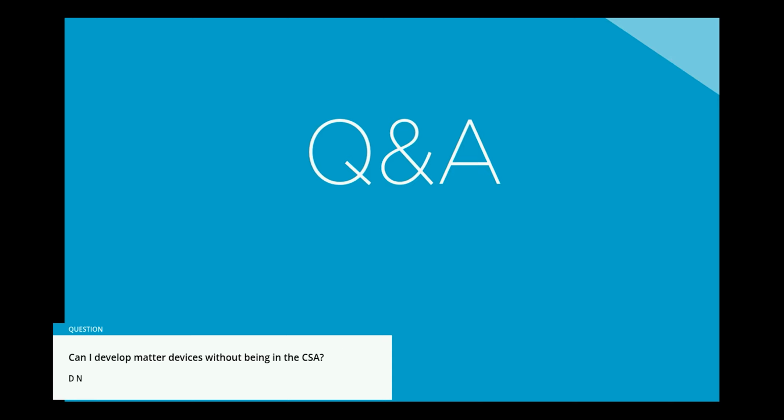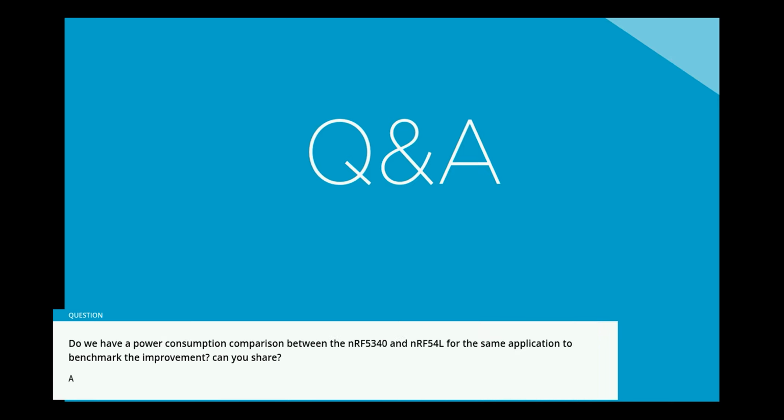Do we have a power consumption comparison between the 5340 and the nRF54L for the same application to benchmark the improvement? I saw this question early, before we even started the presentation, so I think we have already answered it in our presentation.